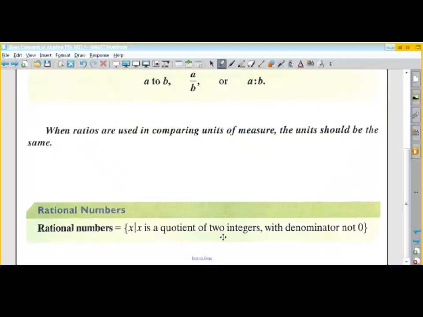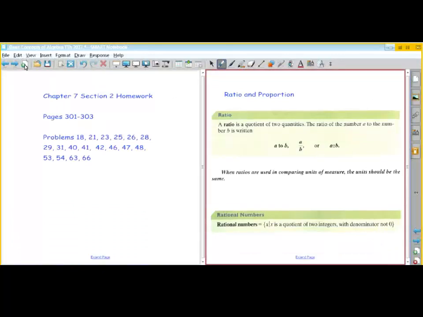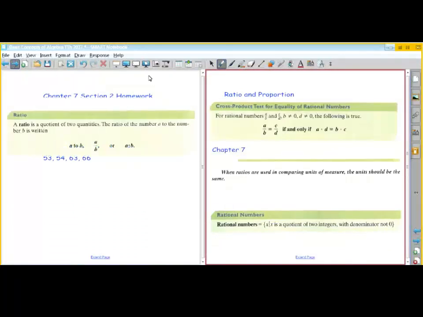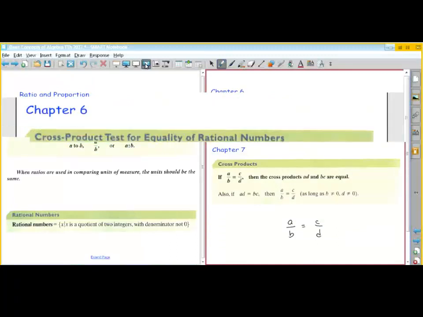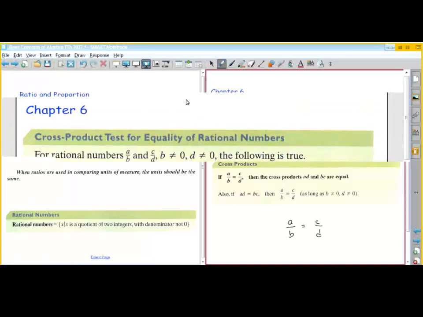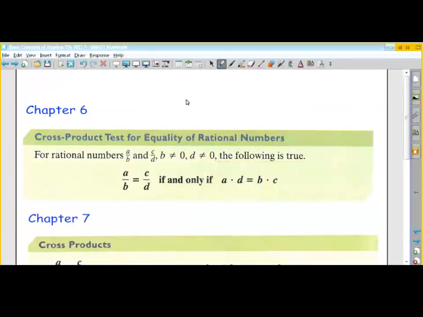So we're never going to have an irrational number. We're not going to have pi, not pi as in 3.14, but pi as in something you can eat. So that's what rational numbers are like, quotients. So there's a commonality. Now, chapter 6, which is what we did last semester, we talked about the cross product test for the equality of rational numbers.